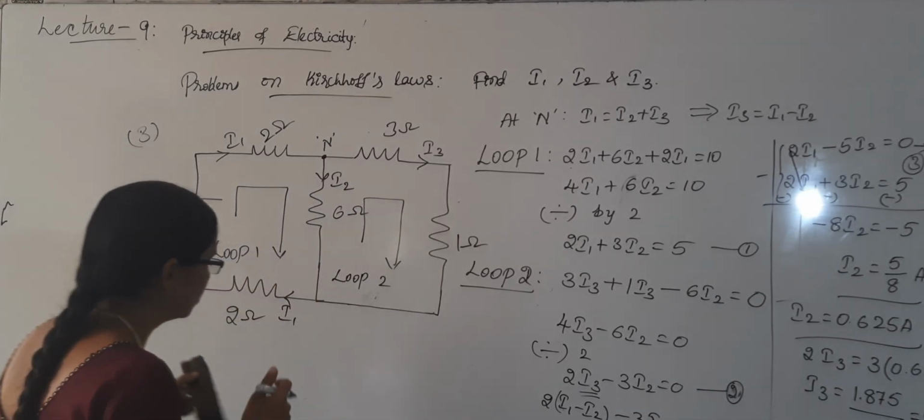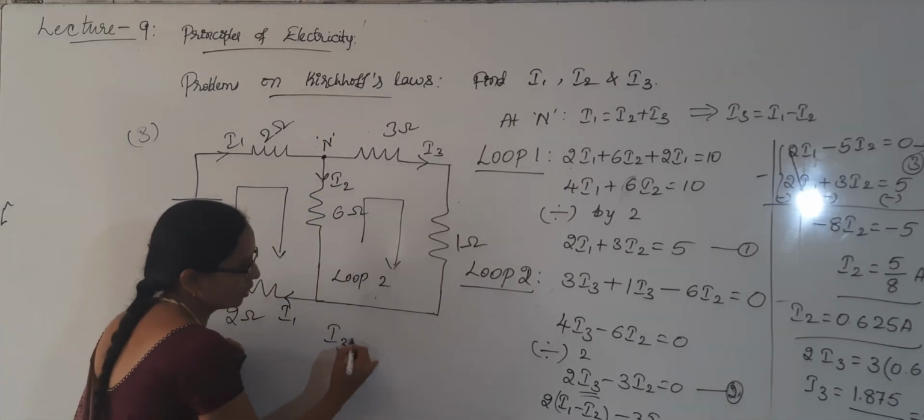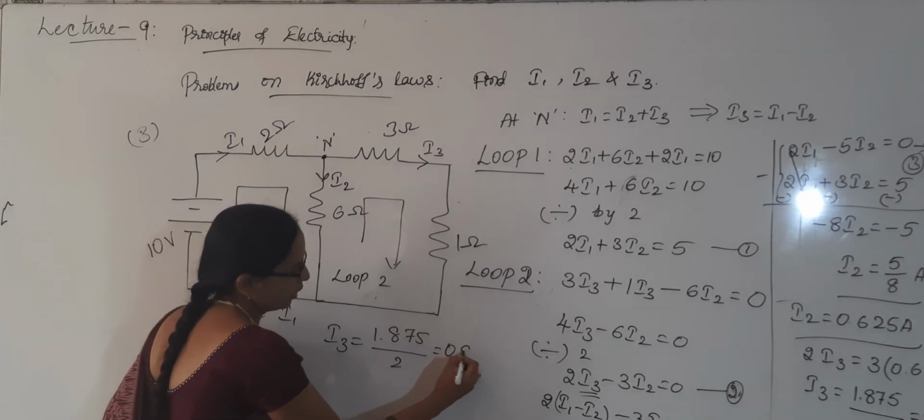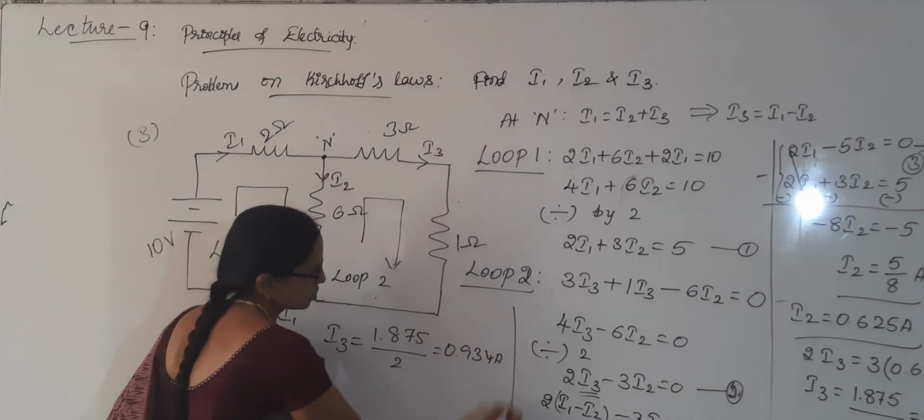I3 value we have got as 1.875 by 2, I have got 0.934 amperes.